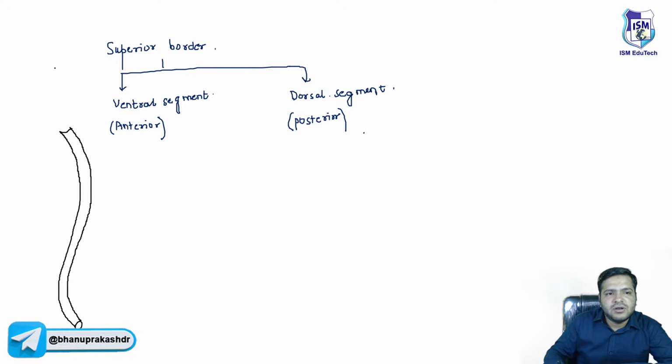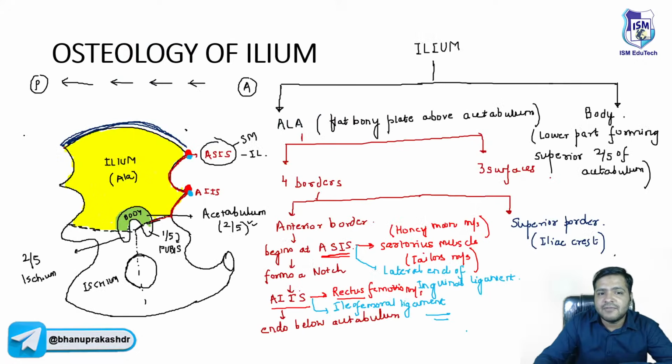So this is the border. This is the superior border और ये हिस्सा है एंटीरियर और ये हिस्सा है पोस्टीरियर, आगे से पीछे. व्हाट आई हैव डन बेटा, आई हैव नथिंग डन.